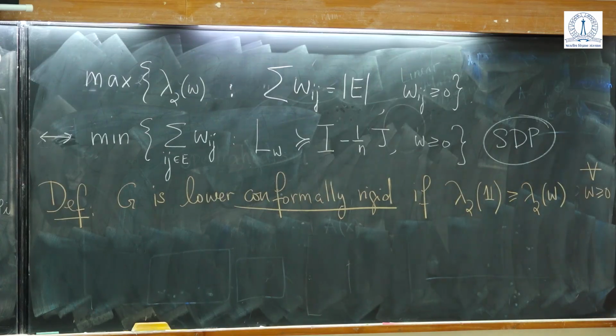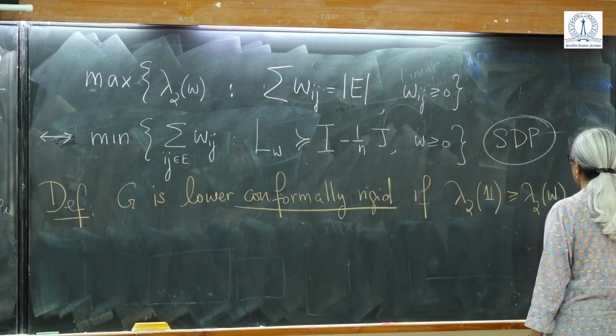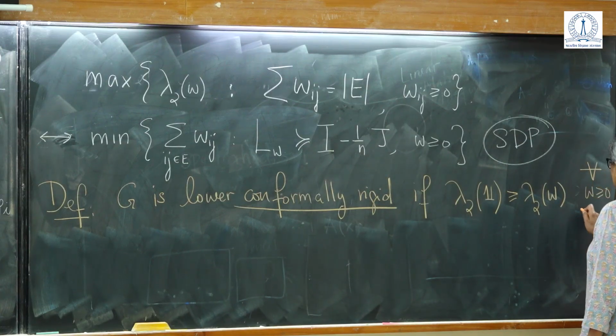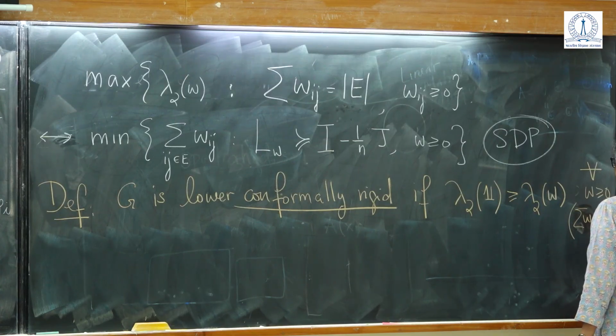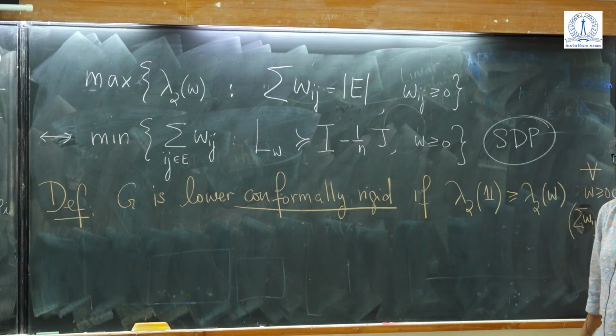So if you allow non-negative weights, then whatever lambda 2 you get is not going to be better than lambda 2 of the all ones weight, which is the unweighted graph. And subject to the normalization. So let's always assume it's normalized, so the sum of the weights we're going to set to the size of E. Okay, so you do have to normalize weights, otherwise this won't work, right?